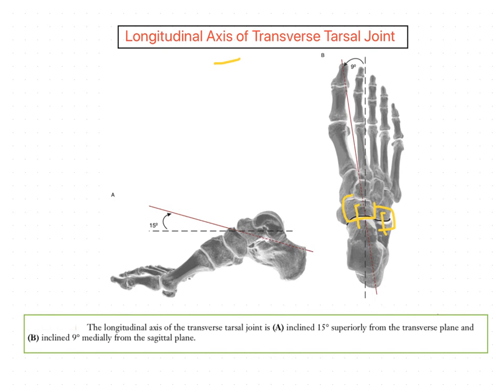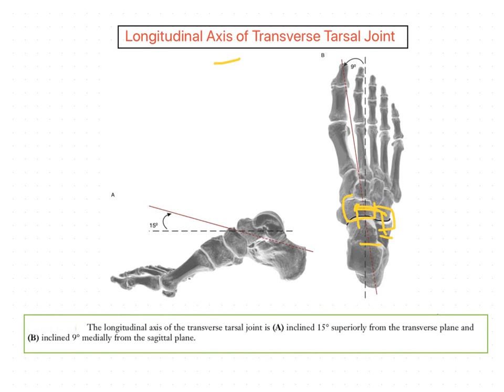One is the longitudinal axis and the other is the oblique axis, around which the talus and calcaneum move on a relatively fixed naviculo-cuboid unit.